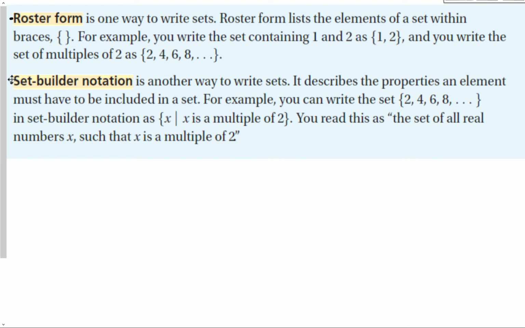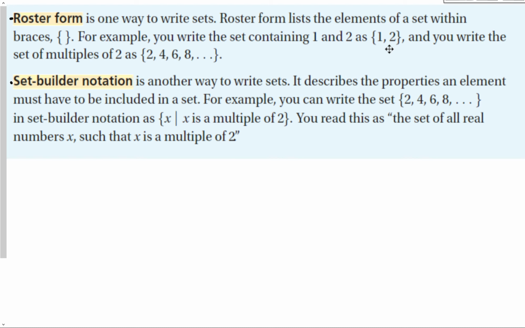For example, we write a set containing 1 and 2 as {1, 2}, just like this, with our two braces right there. Not parentheses, which would indicate a coordinate. This is why we use braces, to differentiate from other types of mathematical symbols.